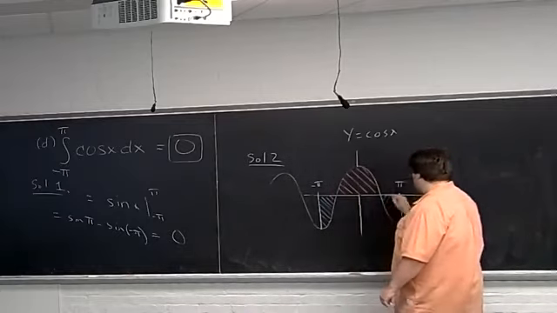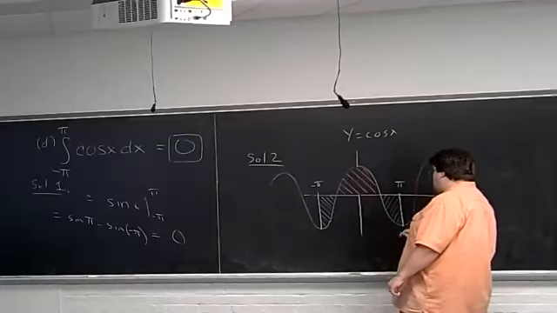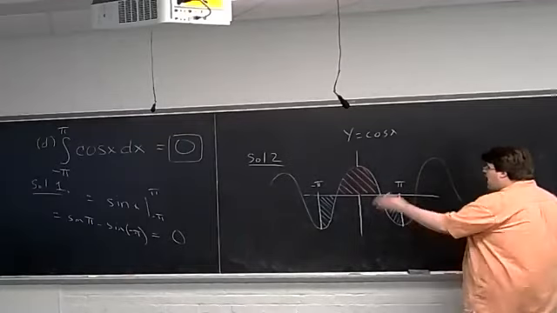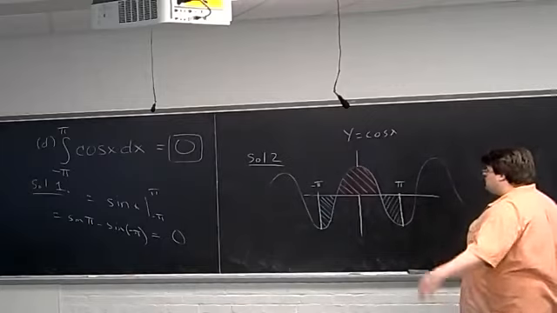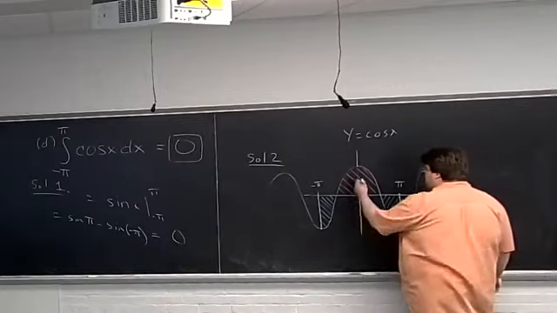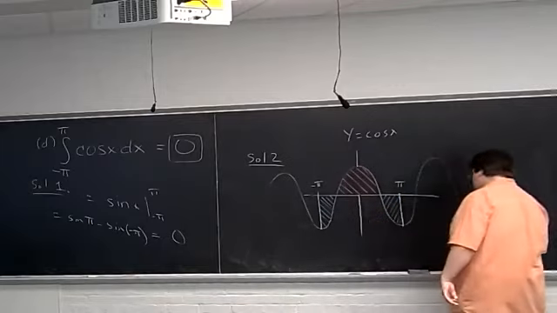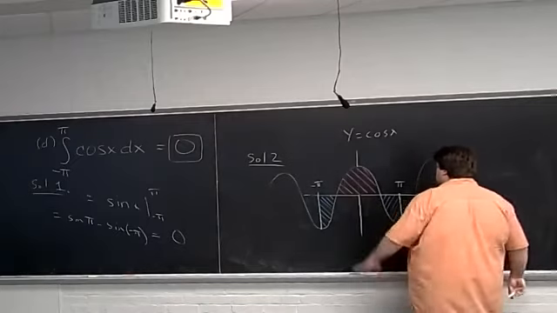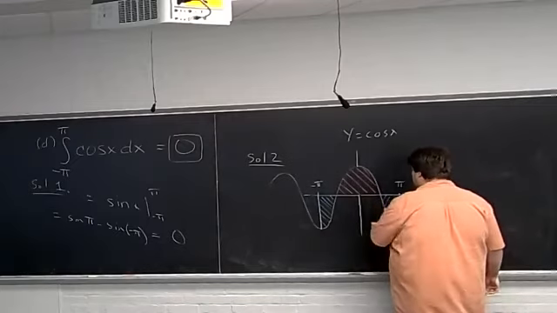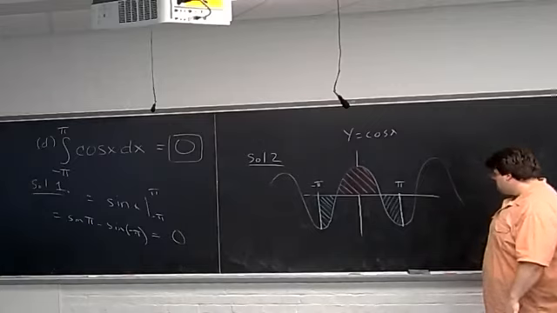But notice both of them are half of one of these cosine lumps, both of the blue ones. So the area in red is the same as the area in blue, and the integral is this area minus that area, which gives you 0.